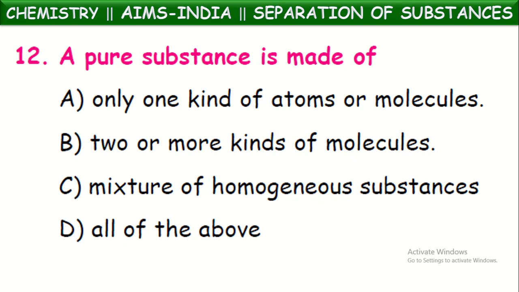If it is a compound, it will contain only one kind of molecules. For example, water contains only H2O molecules. So elements and compounds come under pure substances, made up of either one kind of atoms or one kind of molecules.